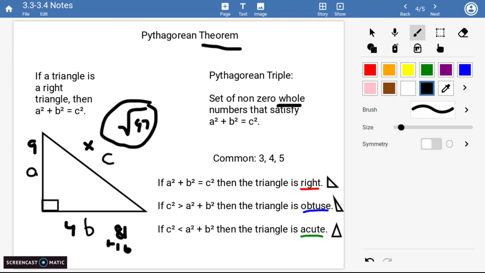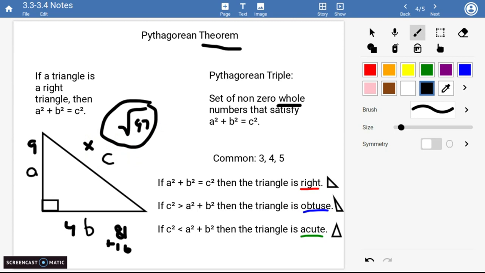Yes. But it is not a whole number because the square root of 97 does not come out evenly. I don't know what it is, but I know that it's not one of those good ones. It's probably about 9.8 or 9.9, but that's what the measure of that would be.